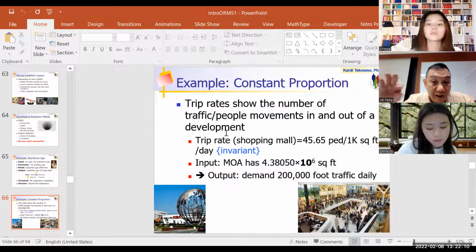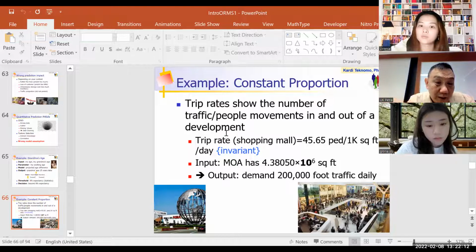This is from another study. So based on this trip rate, when they input that value, they can predict the demand must be around 200,000 foot traffic daily. That means around 200,000 people will enter that mall every day.